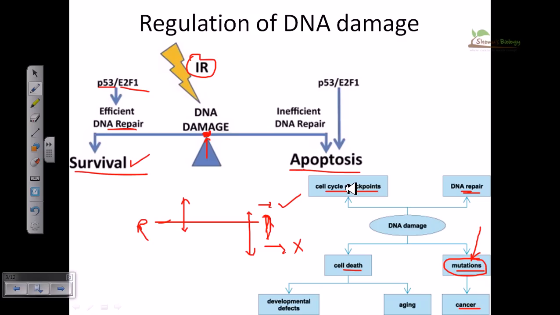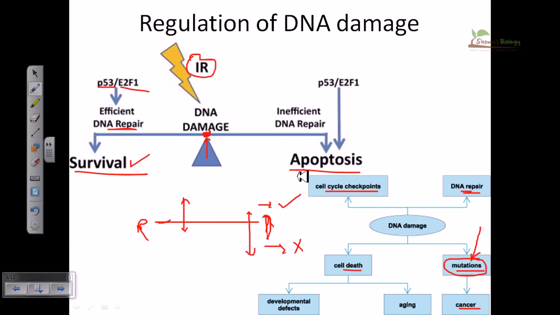If everything is okay, then only the checkpoints open and it allows the cellular process to pass. But if anything is wrong, then the cellular process will be blocked, right? So this is about the cell cycle, checkpoints, and DNA repair system.